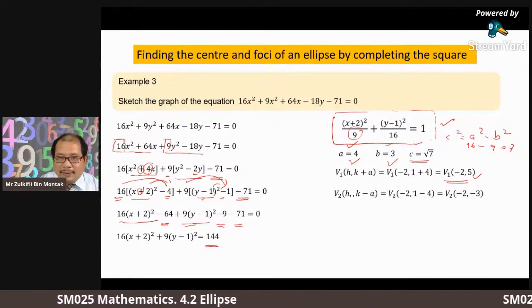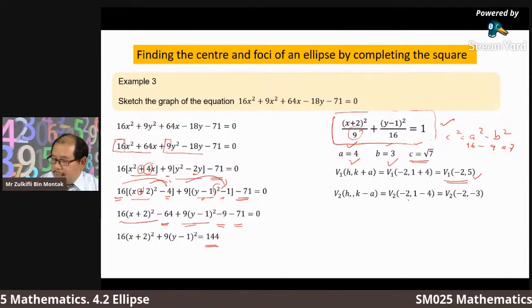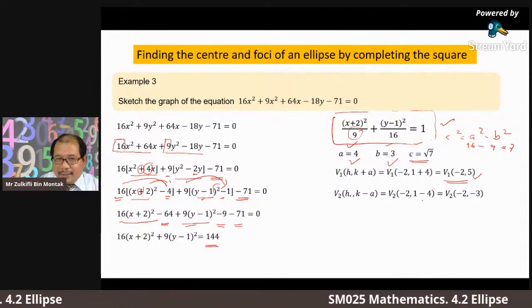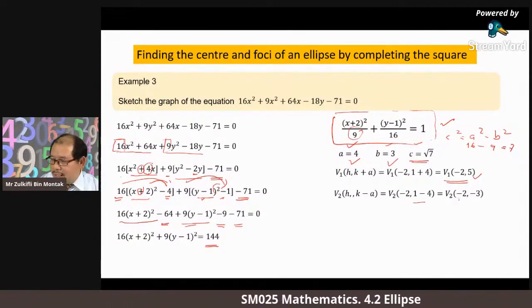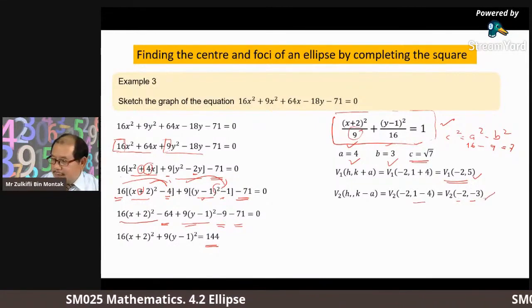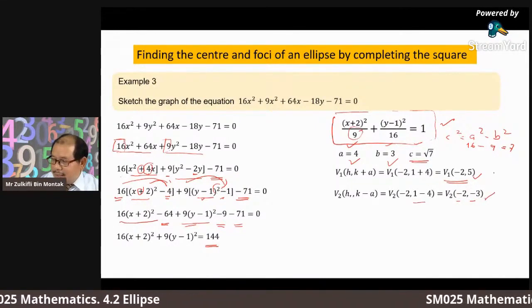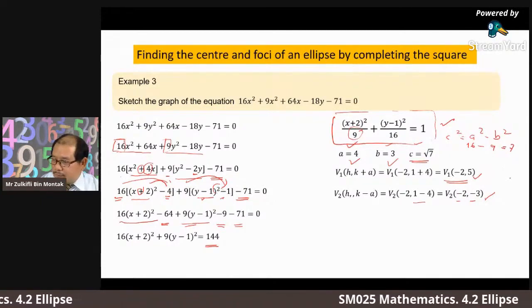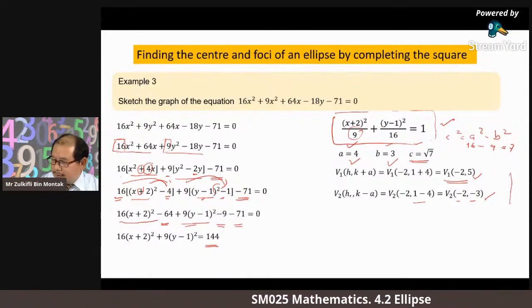Another vertex is (negative 2, 1 minus 4), so (negative 2, negative 3), the second vertex. These are the vertices on the major axis.